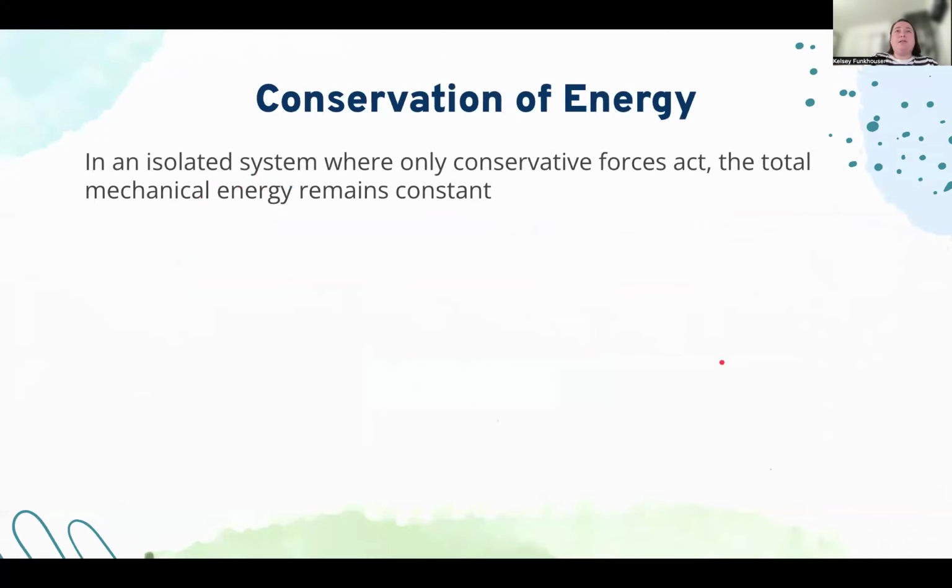We also talked about conservation of energy, which is where in an isolated system, only conservative forces are acting. Gravitational force is a conservative force. But in situations like that, the mechanical energy is constant.